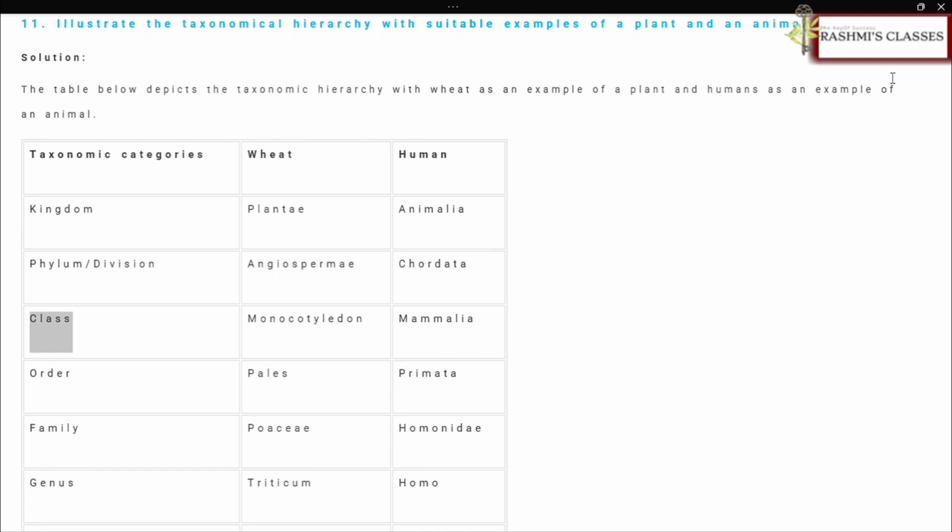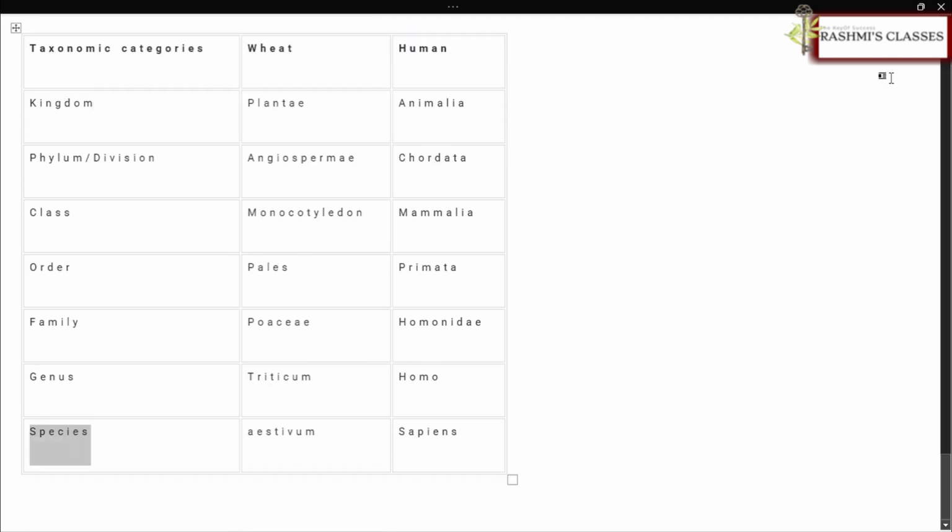Class: Monocotyledonae, Mammalia. Order: Poales, Primata. Family: Poaceae, Hominidae. Genus: Triticum, Homo. Species: aestivum, sapiens.